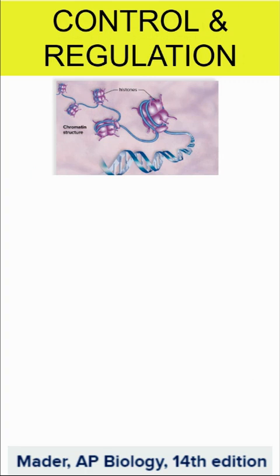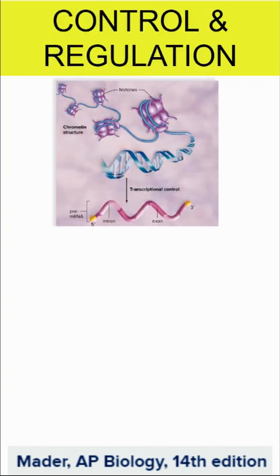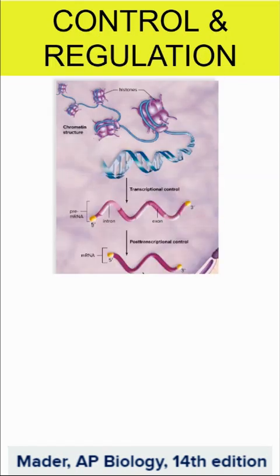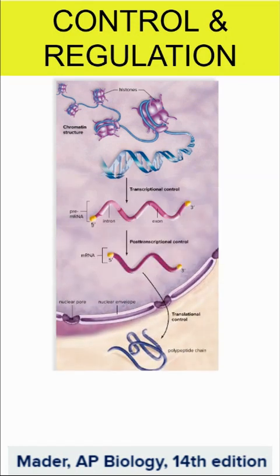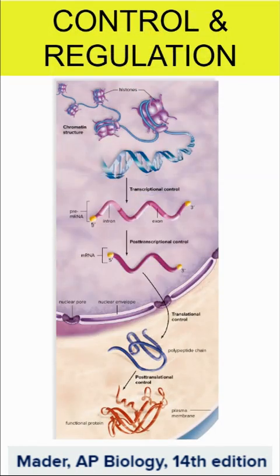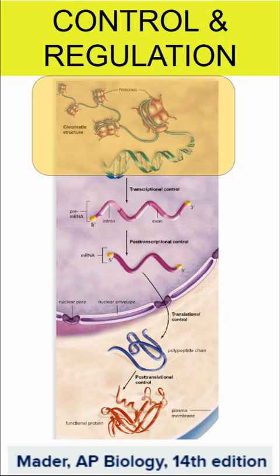We begin with the chromatin structure, and then there's transcriptional control, and there's post-transcriptional control, and then there's translational control and post-translational control. And there's regulatory events that occur at all of these different stages. So we're going to start at the chromatin structure.